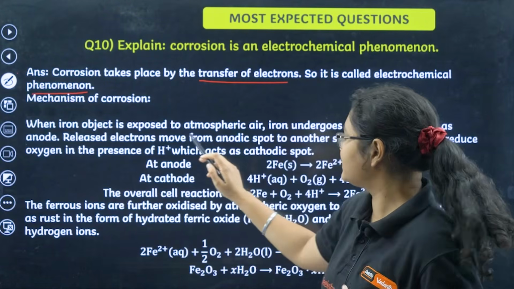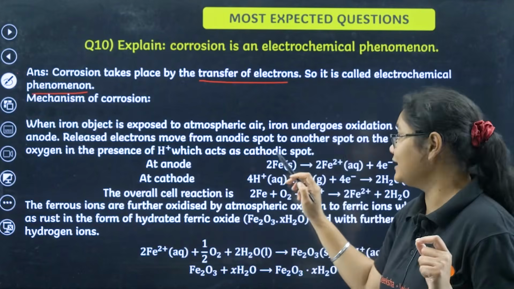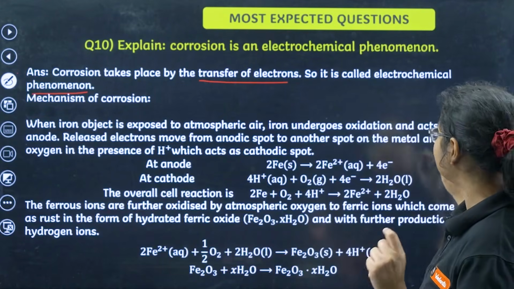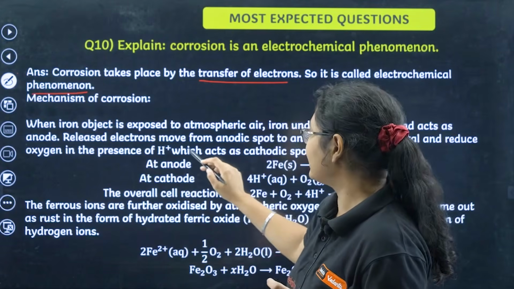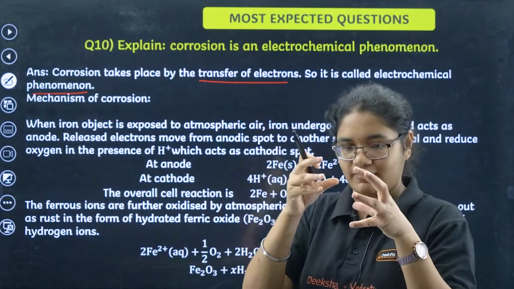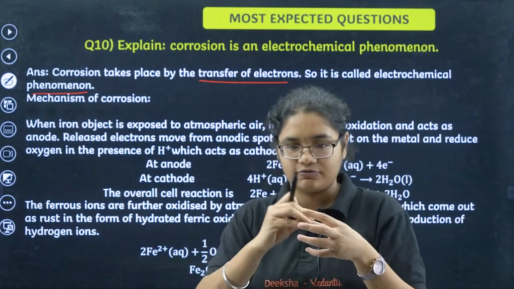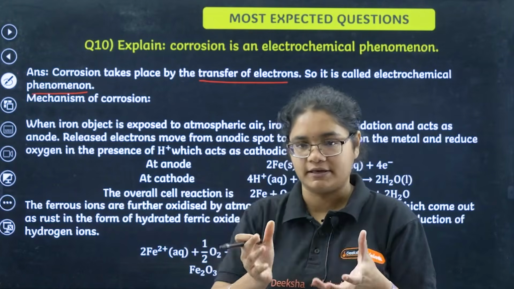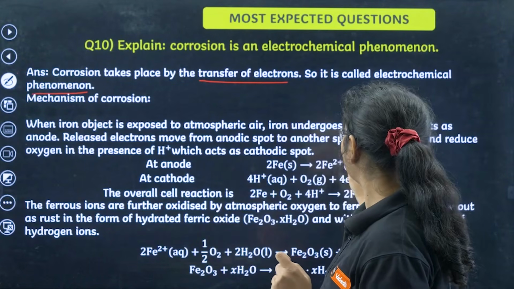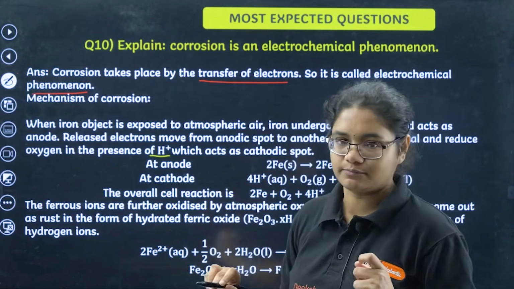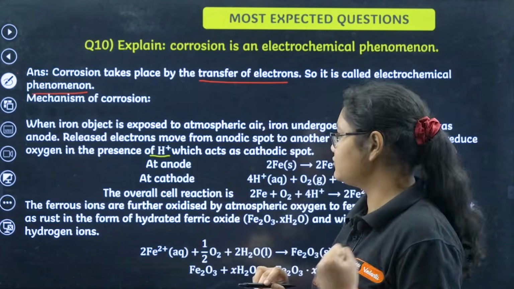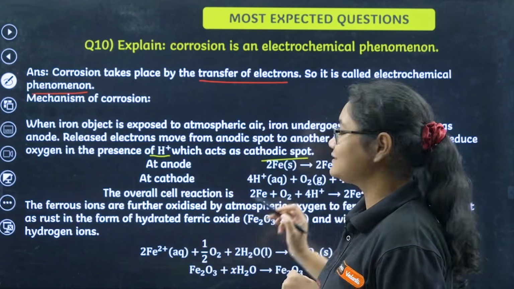When an iron object is exposed to atmospheric air, iron undergoes oxidation and acts as an anode. Electrons are released from the anodic spot, where the iron is acting as an anode, and move to another spot on the metal, where they reduce oxygen in the presence of H+, which acts as a cathodic spot.